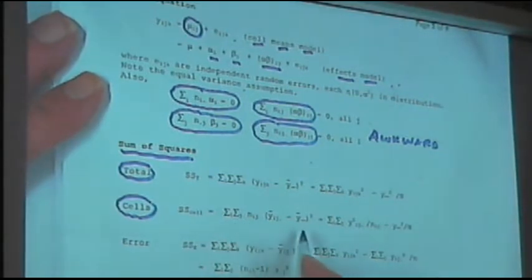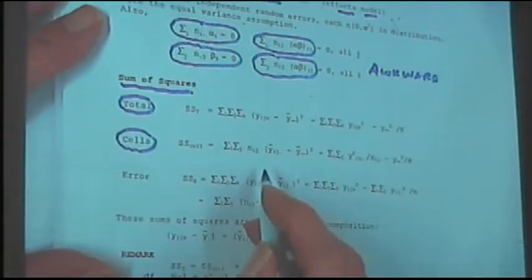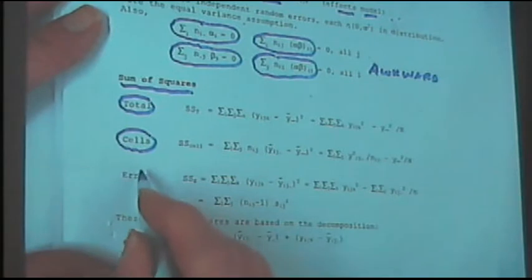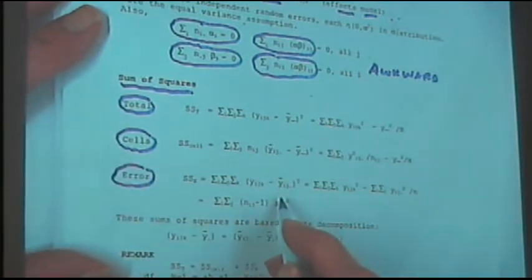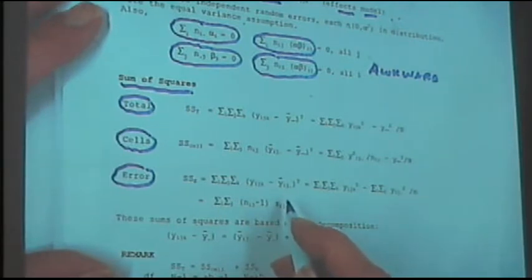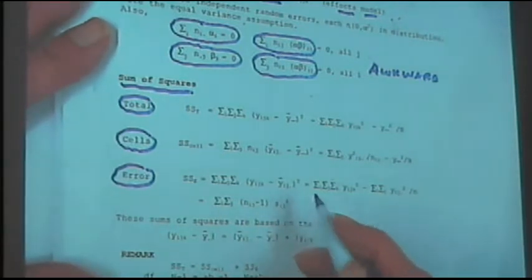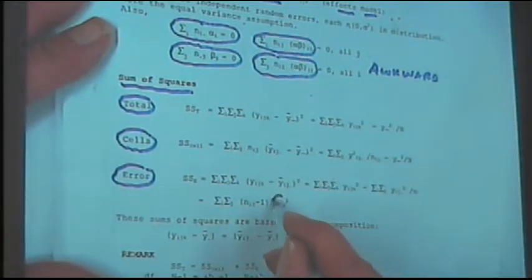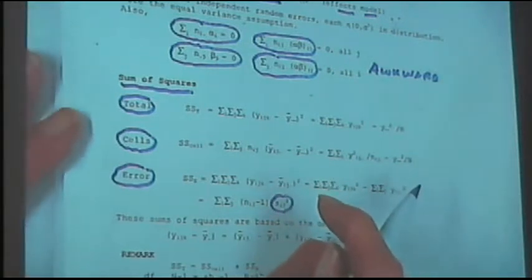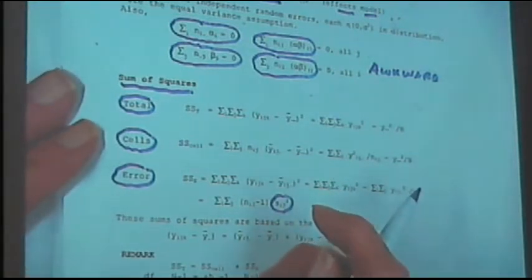And here's the formula for it. And if you look at this, this is the same as our formula from before. No change. Then there's a sum of squares error. There's the formula. If you inspect this, you'll realize this is the same formula that we've encountered before, and it's also expressible alternately in terms of the Sij squares, the variances in the individual cells.